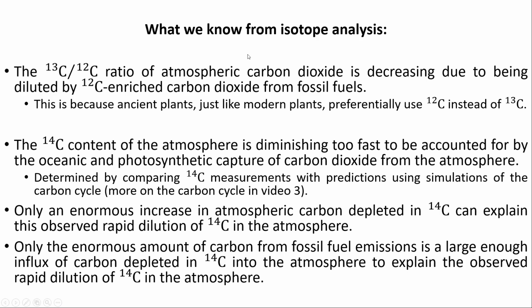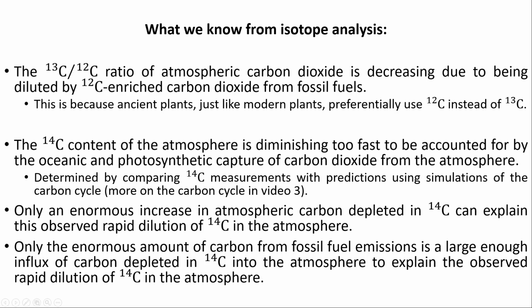And so what we know from this isotope analysis are essentially these two things here. The first one is that the carbon-13, carbon-12 ratio of atmospheric carbon dioxide is decreasing due to being diluted by the carbon-12 enriched carbon dioxide coming into the atmosphere from fossil fuels. And we know this because ancient plants, just like modern plants, preferentially use the carbon-12 rather than carbon-13.